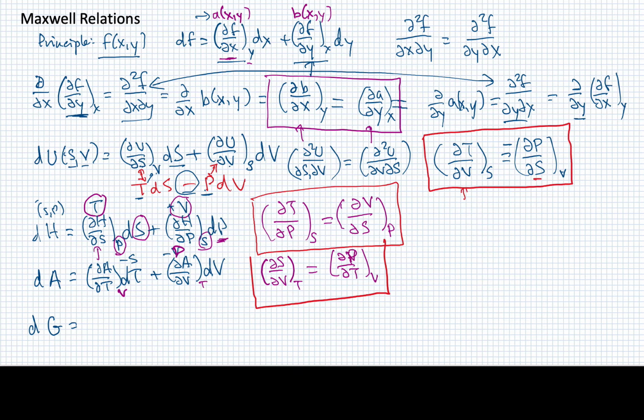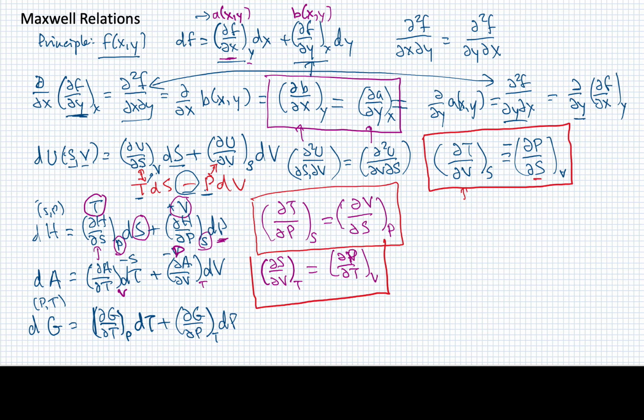All right, now finally for Gibbs energy, this is again a function of pressure and temperature. So dG dT at constant pressure dT plus dG dP at constant temperature dP.